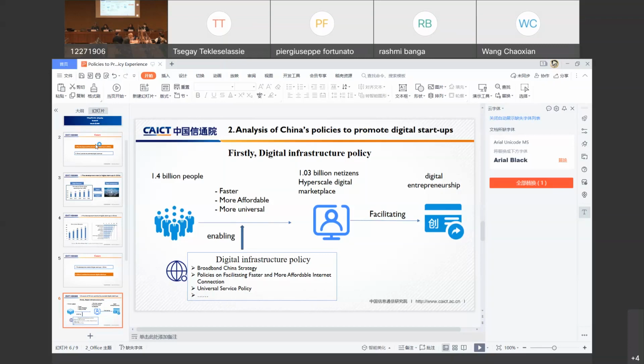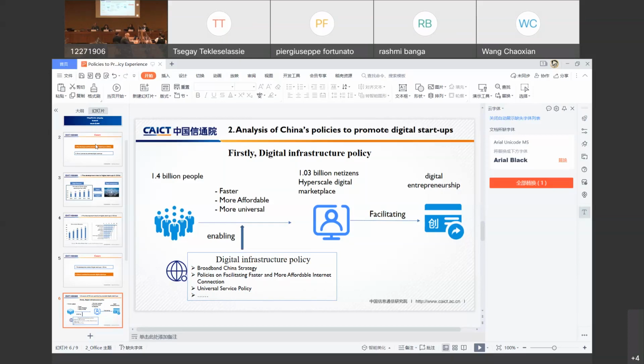Over the years, the Chinese government has continued to increase investment in digital infrastructure and introduced measures to continuously facilitate faster and more affordable internet connection, bringing internet fee reductions of more than 95% for residents and 70% for enterprises between 2015 and 2020, benefiting more than 1 billion users annually and reducing internet fees by more than 111 billion USD in all.